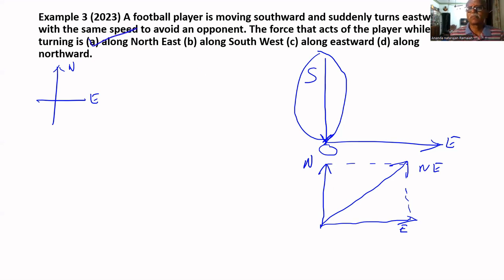So the answer is A: the force that acts on the player while turning is along northeast. Shall I move to the next sum?